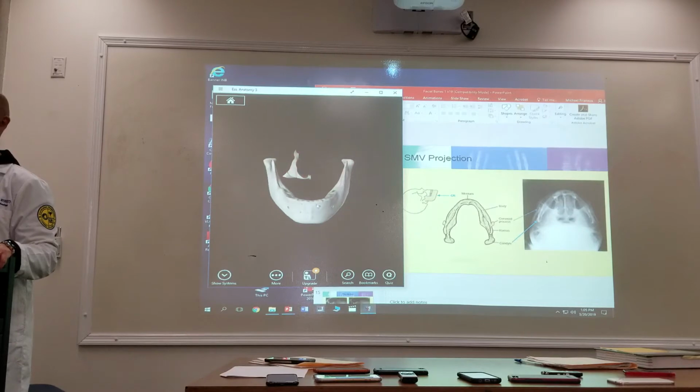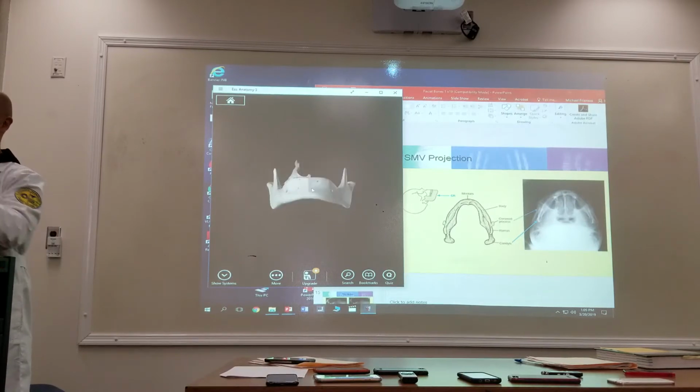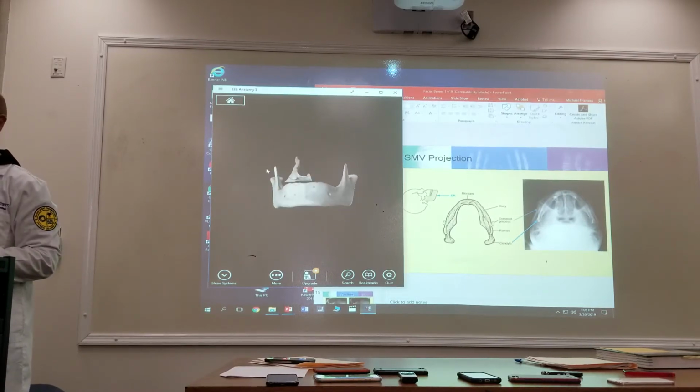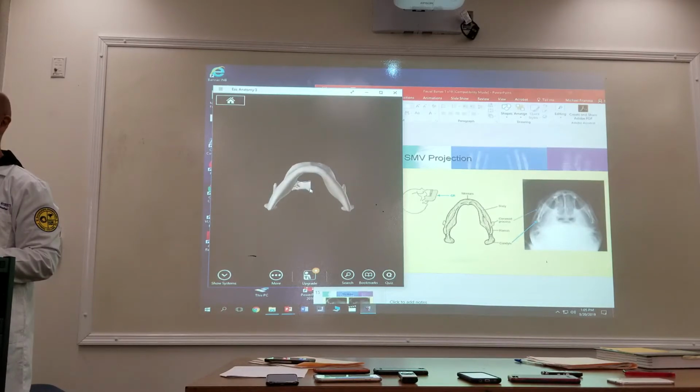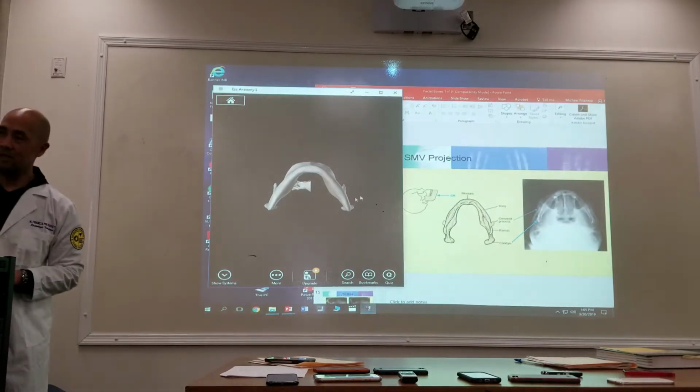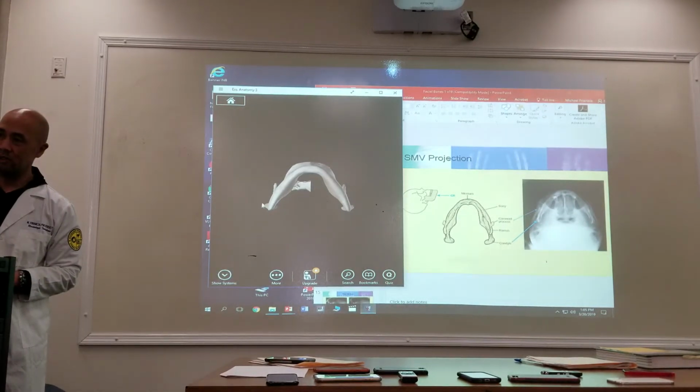So you're looking at it like this. This right here is the coronoid process. And you look at it like this, that's your coronoid process right there. It matches the picture. And then this area right here is the condyloid, and this is what's going to form the TMJ.